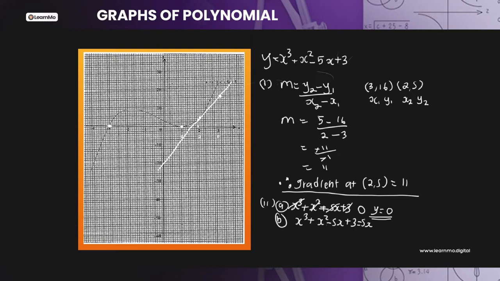The first point is negative 3, so x is equal to negative 3. Then this other point is positive 1, so x is equal to 1. So from there you've solved your equation using the graph.